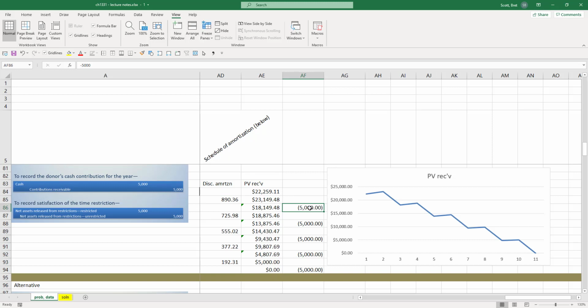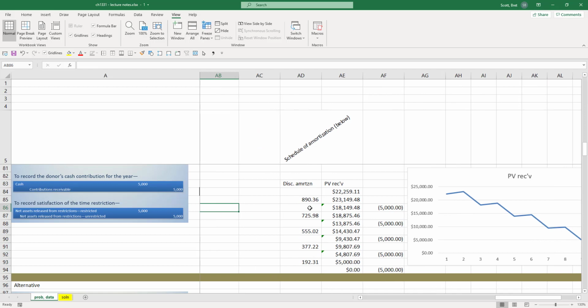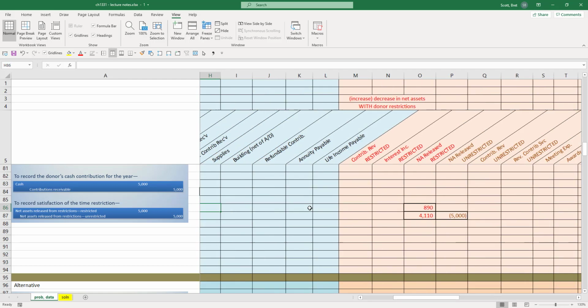The person is not just giving us $5,000. The person is giving us $5,000, which is comprised of, guess what? $890 of interest, of time value of money, us sitting and waiting on them to pay us $5,000.